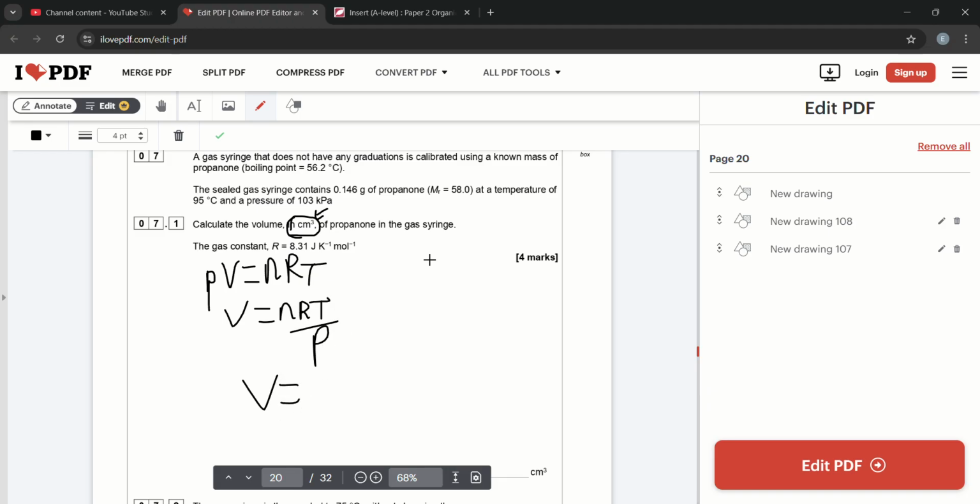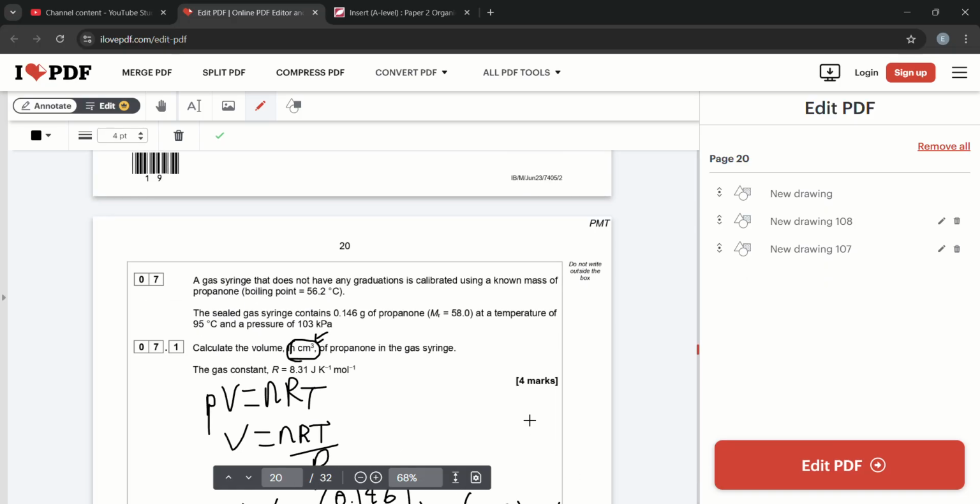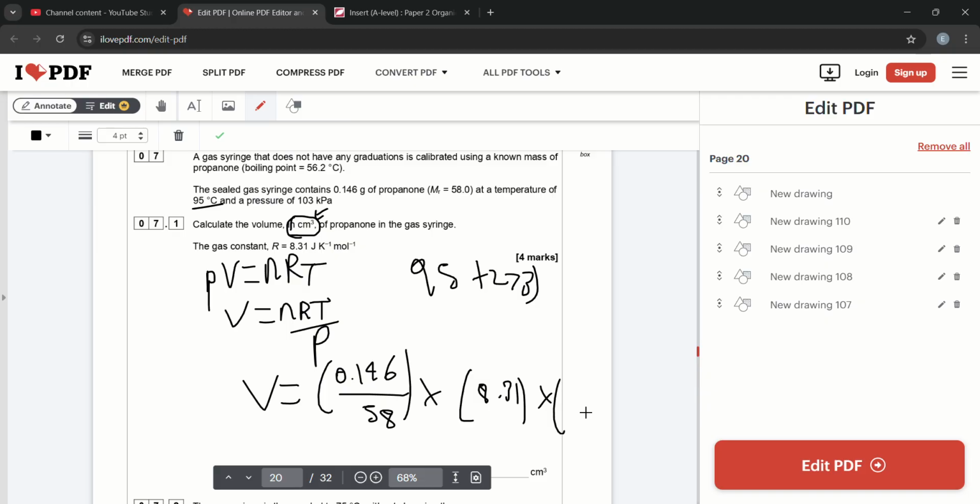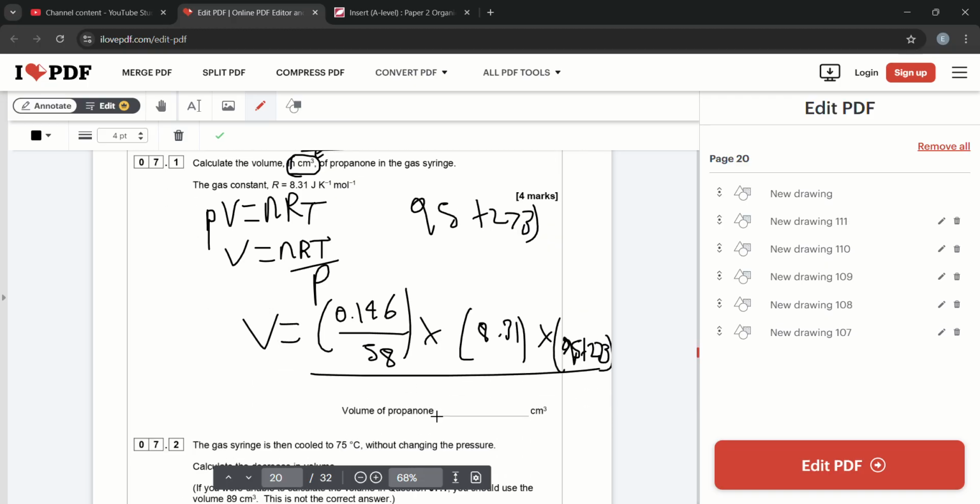V is equal to the number of moles, where number of moles is the mass of propanol divided by Mr, 58, times R, which is 8.31, times temperature, which is 95 degrees Celsius, but obviously you want that in Kelvin, so 95 plus 273, divided by pressure in pascals, that's in kilopascals, 103,000 pascals.